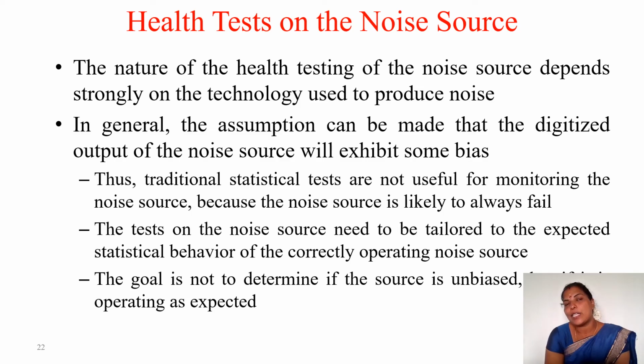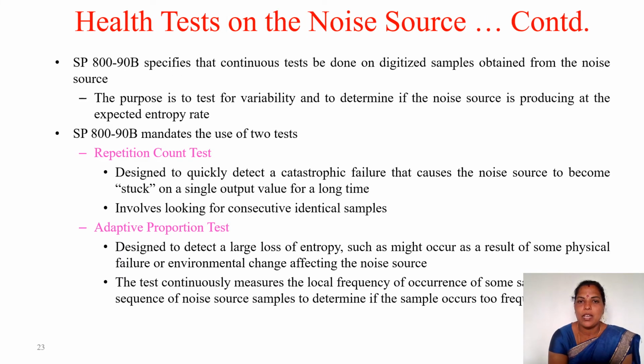So what we are expecting is that we have to determine whether the generated random number provides all the characteristics, that is, randomness and the unpredictability property. So for the entropy source from the noise source, if we are generating some random numbers, then we test whether it is a good random number or not.